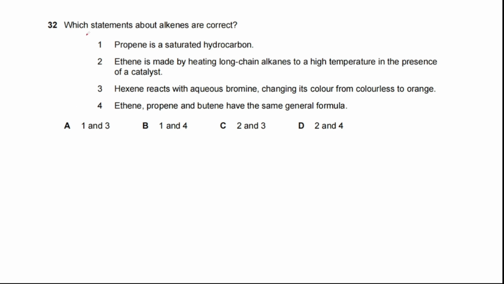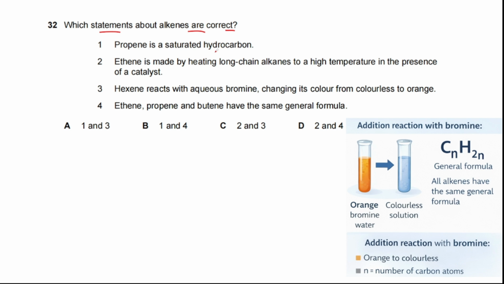Question number 32. Which statements about alkenes are correct? The first says propene is a saturated hydrocarbon. Saturated means it has the maximum number of bonds, so that is only for alkanes. Propene is an alkene, not an alkane, so this is a wrong option. The second point is that ethene is made by heating long chain alkanes to a high temperature in the presence of a catalyst.